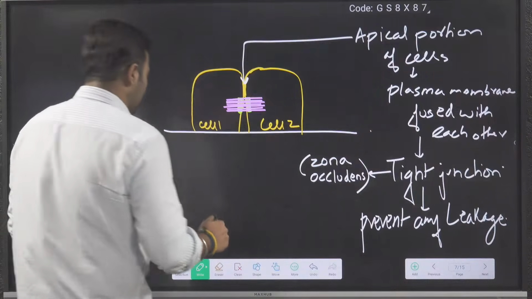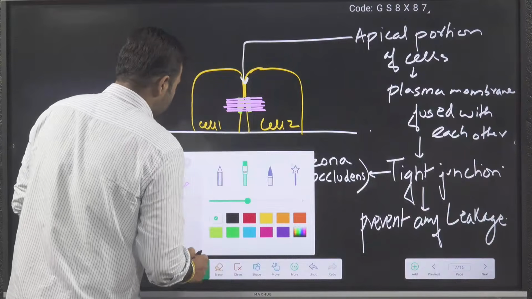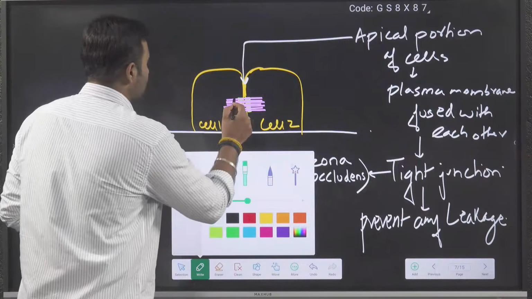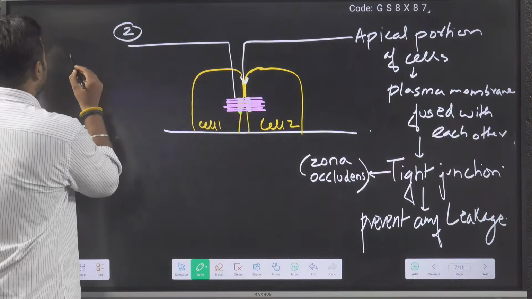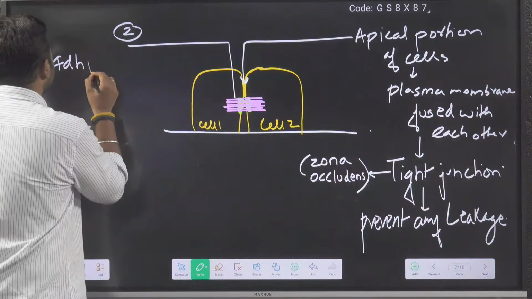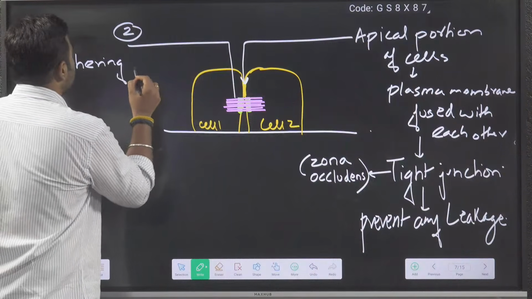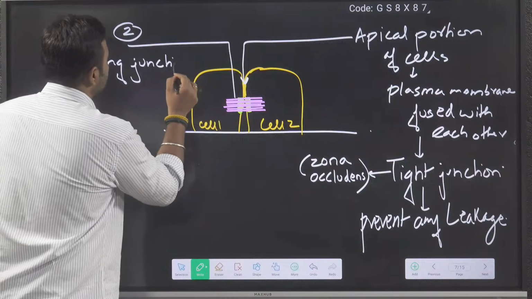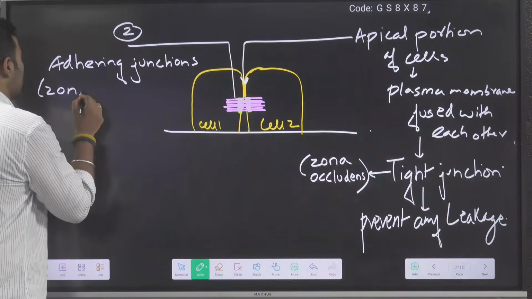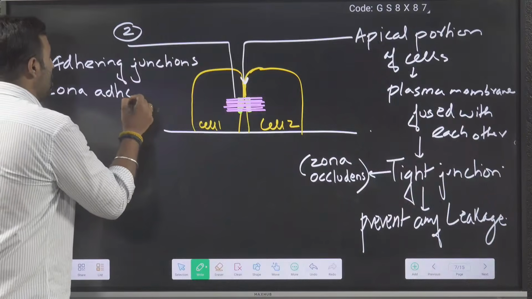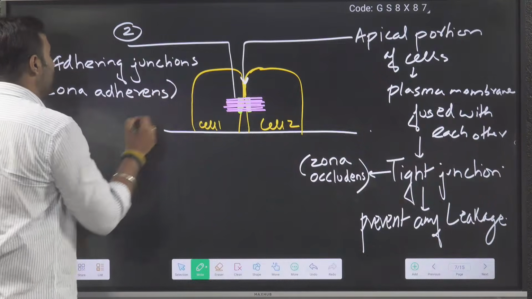What is this junction called? This is the second junction, the adhering junction, also known as zona adherens.